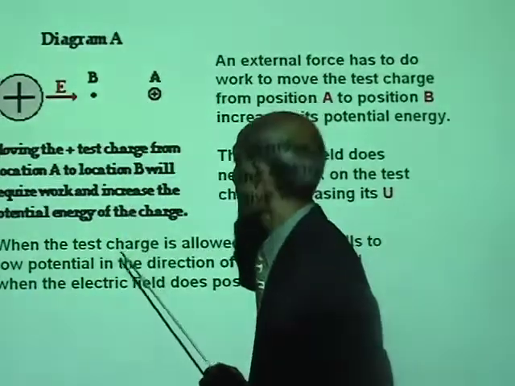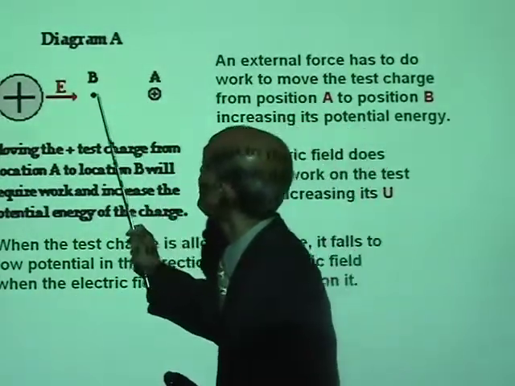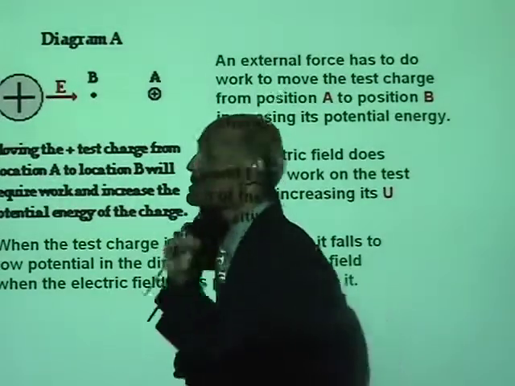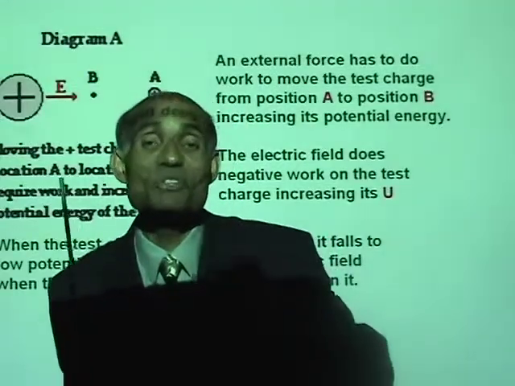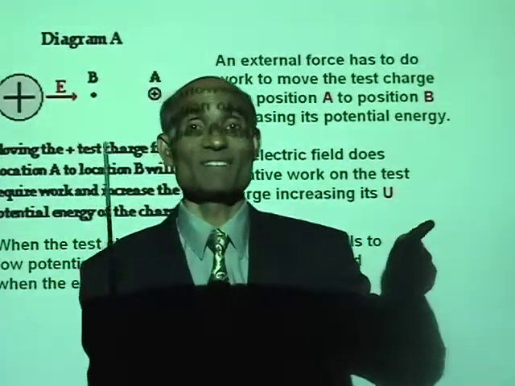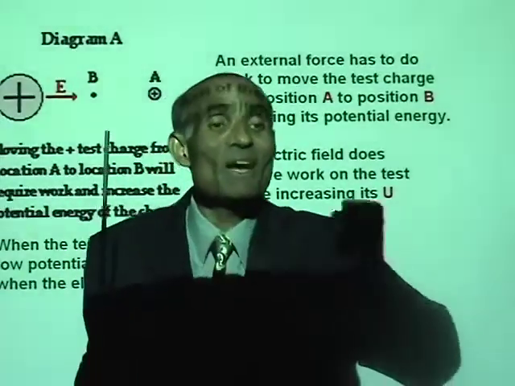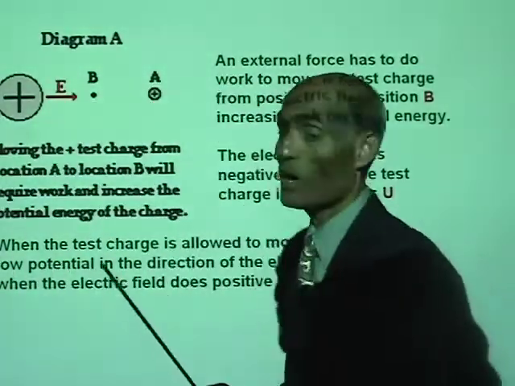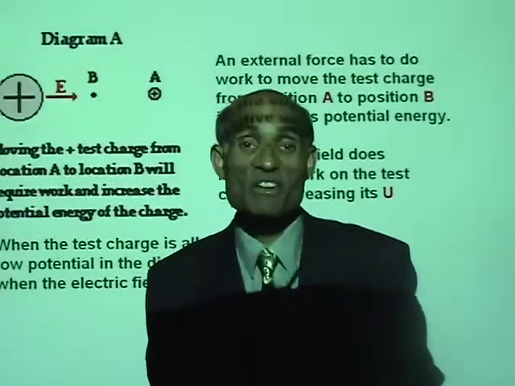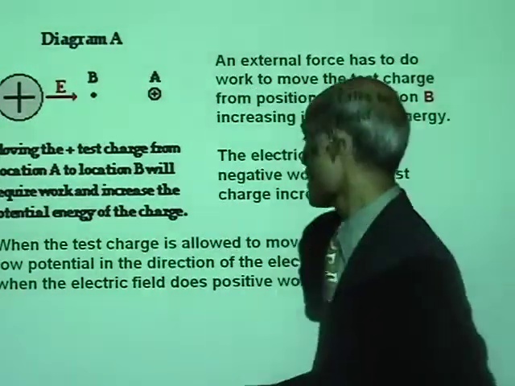Therefore, the direction of motion of a positive charge is from a high potential to a low potential. That means, what will be the direction of motion of a negative charge? From a low potential to a high potential. Alright, we will talk about that as we move on. But at the moment, our standard test charge is a positive charge.